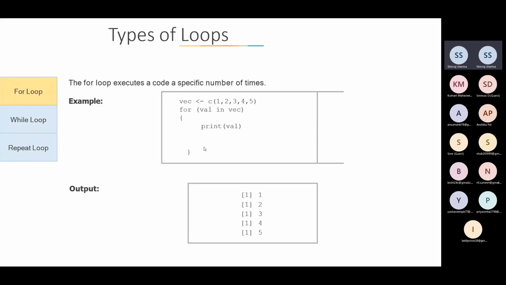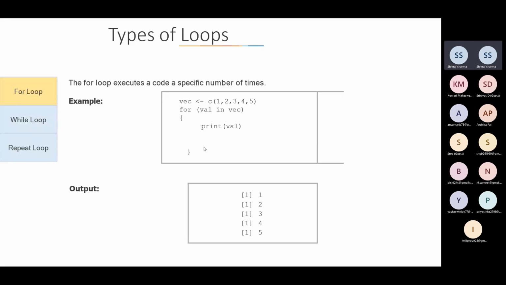A vector is a single row of values, not two-dimensional. Rows and columns both are not available in it. So we defined a vector VEC by left assignment. The values we assign to the vector are 1, 2, 3, 4 and 5. Now we put a for loop over the values in the vector.